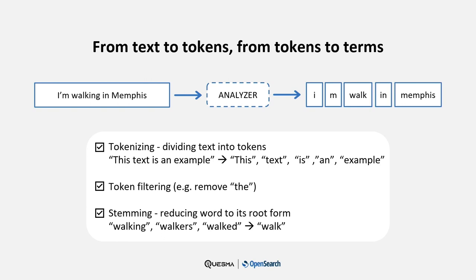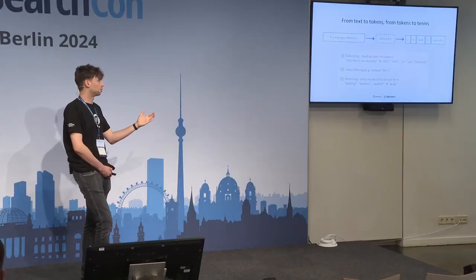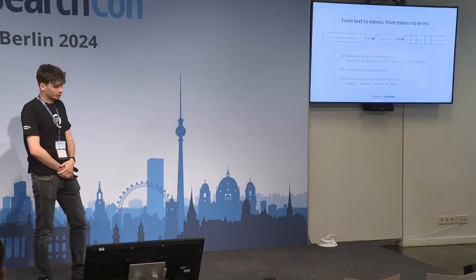Token filtering: there's a specific set of tokens that might not carry any significance when it comes to search. In English, for example, a word like "am" isn't very helpful, so why keep it? There's also stemming, so reducing a word to its root form. In this case, walking and walked become just walk in our inverted index.